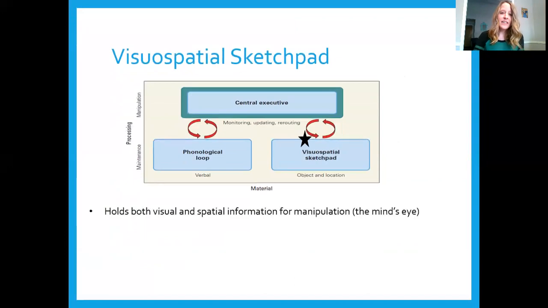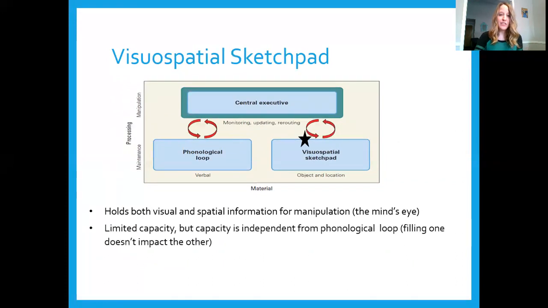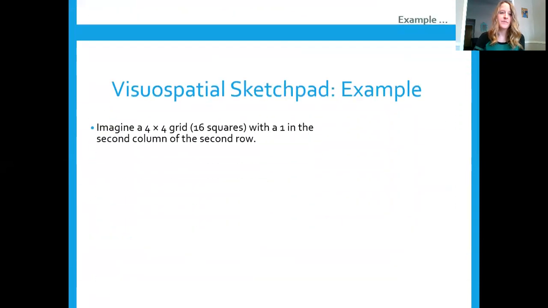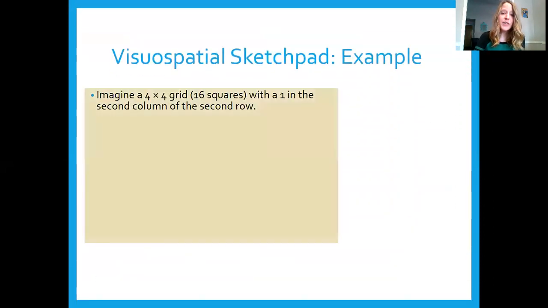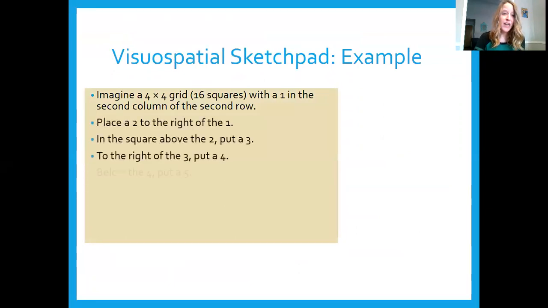If we look at the Visuospatial Sketchpad, it works in much the same way. So we are engaging in maintenance rehearsal with the Visuospatial Sketchpad, except that it holds visual and spatial information. And so you can try out the test of the visuospatial working memory in your chapter.